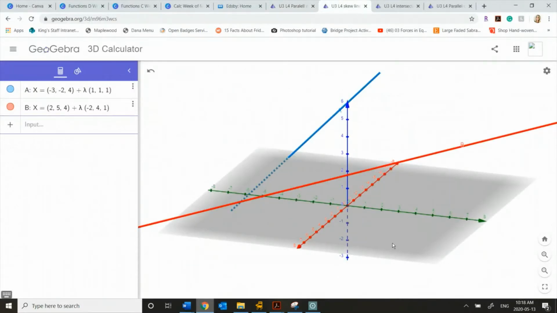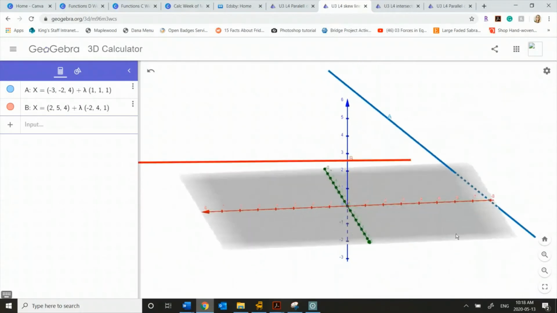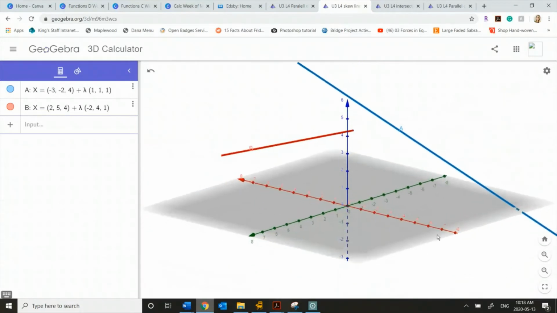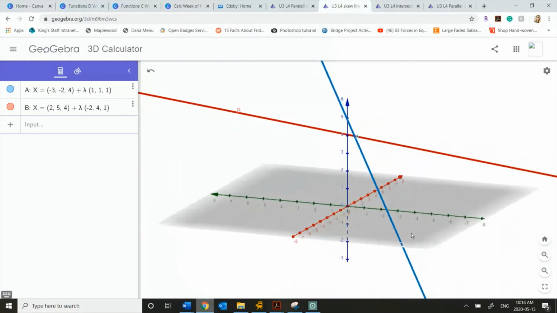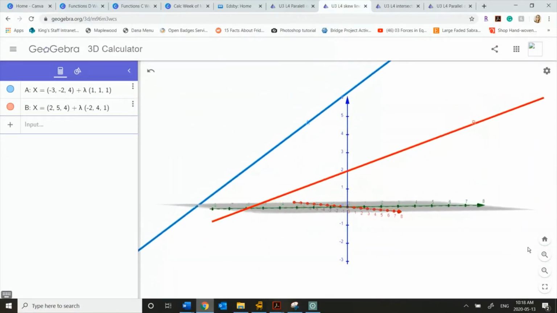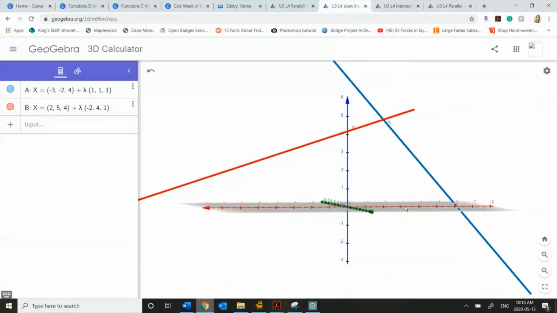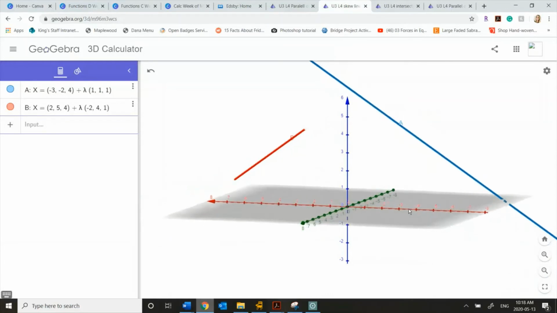No matter which way I rotate here, you can see that these lines are basically just missing each other in space, and even if they continue onward forever, they're never going to touch each other. So there is an example of skew lines.